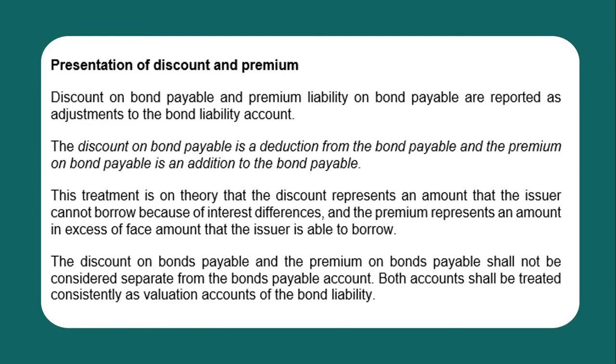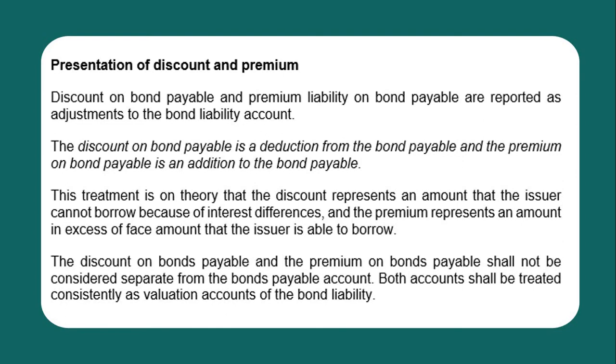So, when we present those items in the statement of financial position, the discount on bonds payable will be shown as a deduction, meaning we subtract it from bonds payable, while the premium on bonds payable is an addition.